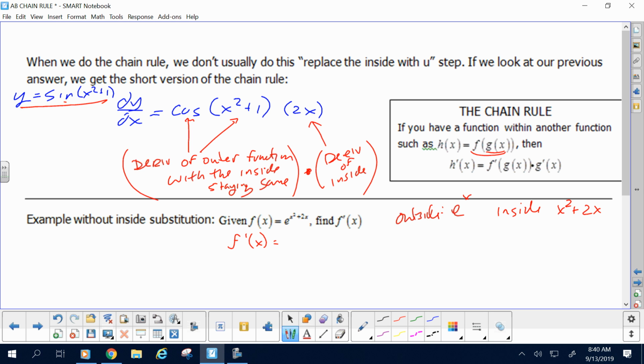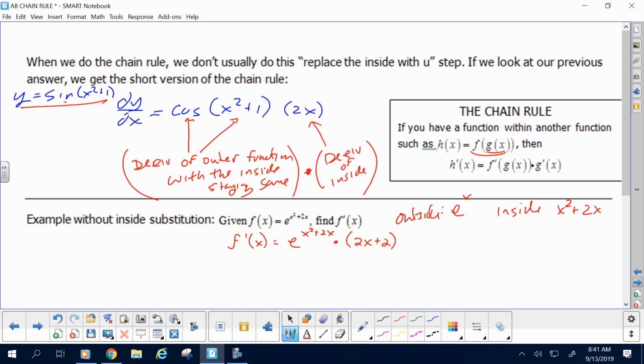And what is the derivative of the e to the function? E to the, with the inside still the same. So it's still e to the x squared plus 2x. Then I multiply it by the derivative of the inside. What's the inside again? X squared plus 2x. So what's the derivative of the inside? 2x plus 2. That's the derivative.